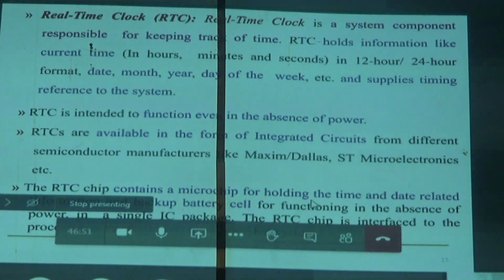Internally this RTC circuit consists of a battery called a CMOS battery. This CMOS battery continuously keeps running inside the computer system even if you switch off your computer. That is the function of the real-time clock. It holds the date and time parameters because of the battery available inside it.